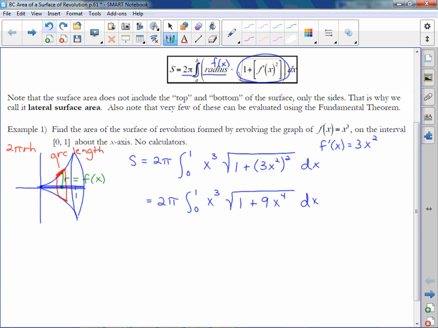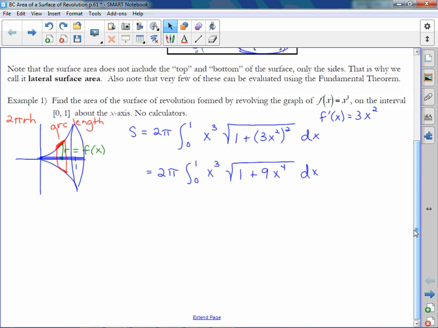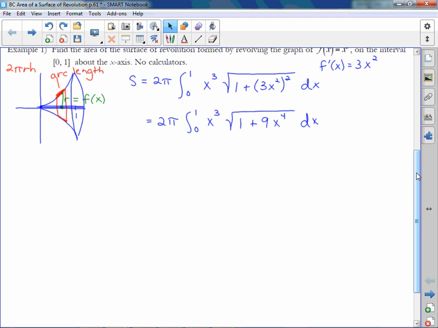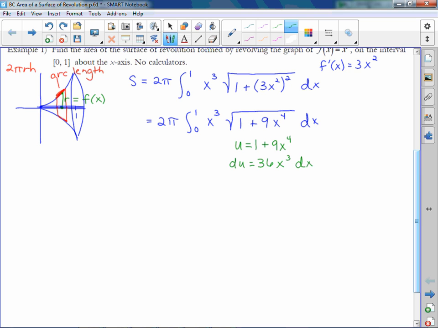All right, what I'm going to do next is use u-du substitution. I hope that this is the way that Mr. Lloyd has taught you. If I choose my u to be 1 plus 9x to the 4th, then my du is going to be 36x cubed dx.